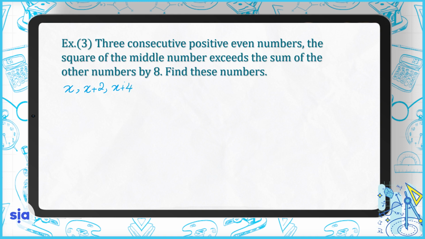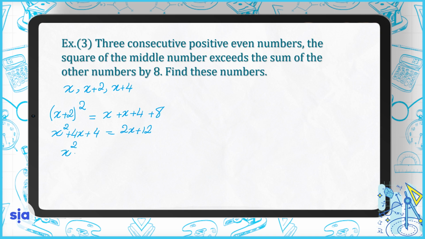The square of its middle number, so the middle number squared, exceeds the sum of the other numbers, x plus x plus 4, by 8. So how can I expand this? x squared plus 4x plus 4 equals 2x plus 12. Let's simplify this to factorize it and solve it.